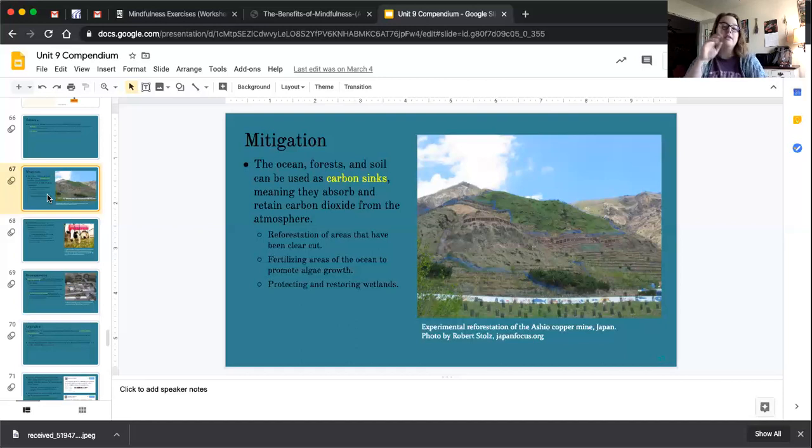And so we could deliberately fertilize them in order to increase the rate at which they are consuming CO2 and producing oxygen. However, we know that that is not good for everything in that ecosystem. We know about the massive fish kills that take place in the Gulf of Mexico every year because of the agricultural runoff from the Mississippi.